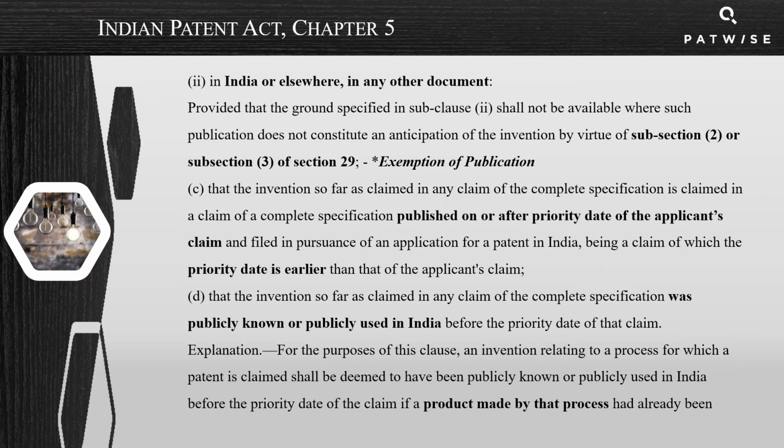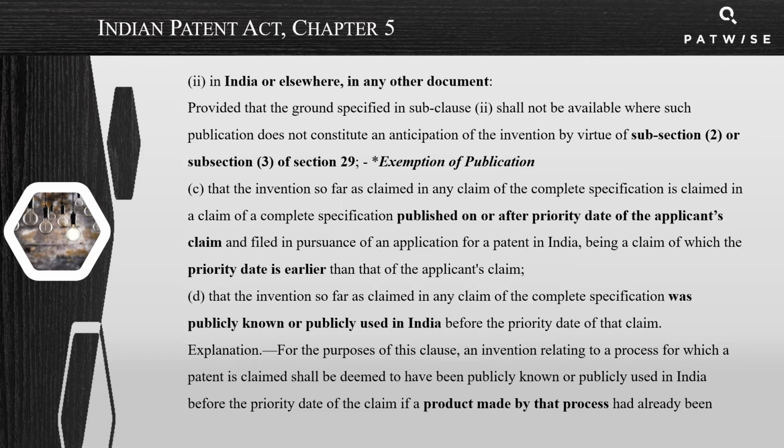Now under this prior publication, there is one exemption that comes under Section 29: if you fall under the exemption category of publication, you have 1 year exemption. If you have displayed it at any government authorized exhibition, you have 6 months. So if it is not under those exemptions, then it becomes a ground for you to oppose a grant of patent.